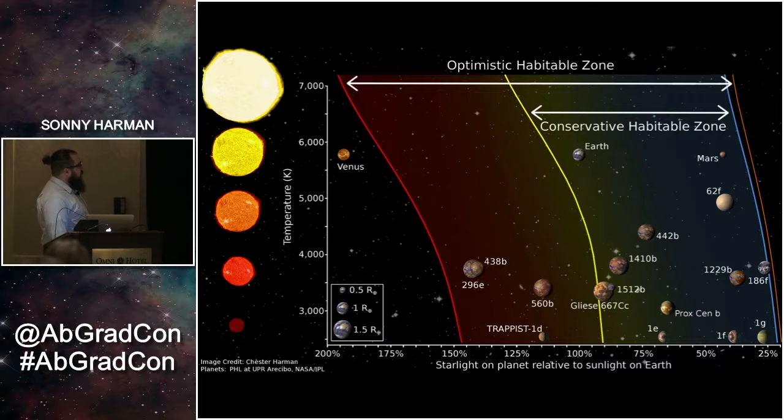And you can see that the way we've defined the conservative habitable zone and the optimistic habitable zone are these yellow and red lines, which are directly related to what we think is the underlying process that has driven Venus's evolution. Here in the yellow line is a moist or runaway greenhouse, where the surface temperatures heat up to the point where you evaporate some or all of your surface ocean, and it gets broken apart and you lose it.